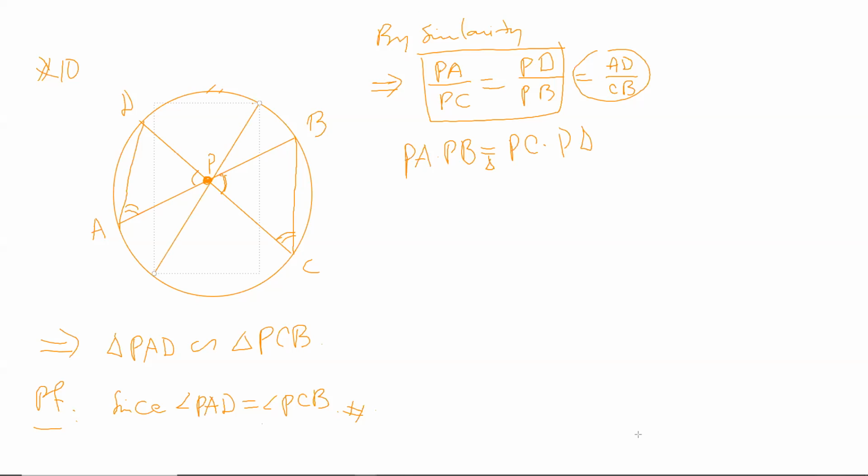So if you draw another chord, EF, then this should also be equal to PE times PF, right? Sorry, there's a siren there. So this tells you what?